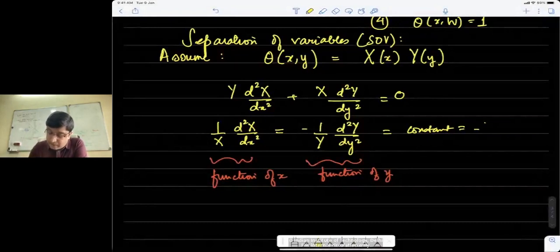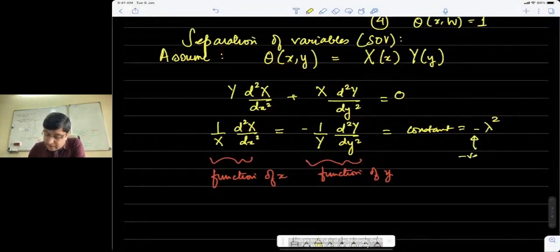So I can write this as minus lambda square, ensuring that lambda square is a positive number, and the negative sign that I include ensures that we are able to satisfy the boundary conditions. Negative sign ensures that the boundary conditions are satisfied.